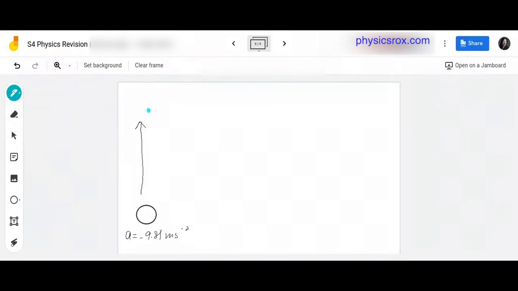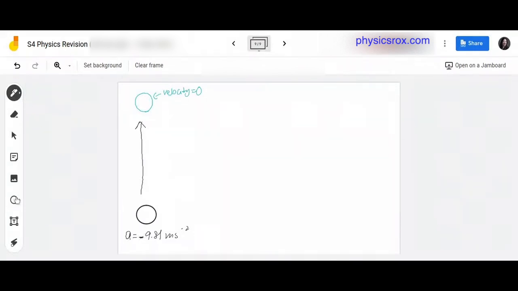When it goes all the way up, it comes to a stop before it starts to fall down again. At the top of the motion, velocity is zero. When you first throw an object up, there is an initial velocity, a positive value going up, then it slows down, so it's decelerating with the value of gravitational acceleration. That's why the number is negative 9.81. Please take note, everyone, please remember this.